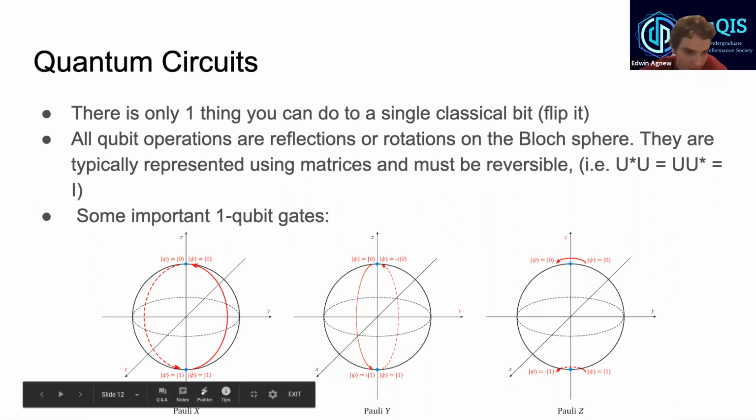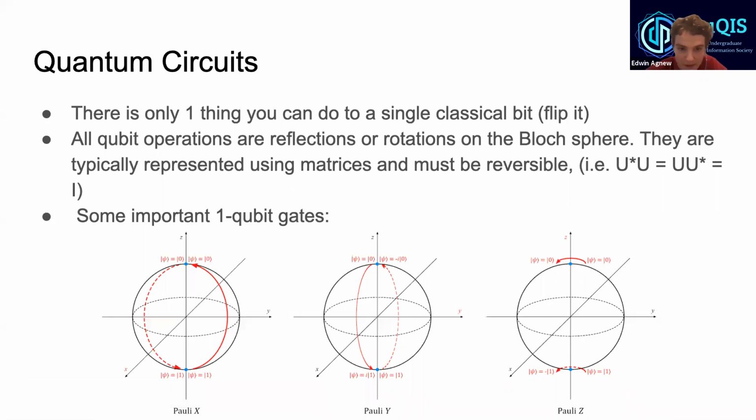And so some of the important 1-qubit gates are shown at the bottom here. We have the Pauli X gate, or just the X gate, which takes the 0 at the top to the 1 at the bottom, and it takes the 1 at the bottom back up to the 0 at the top. And so this is a reflection around the x-axis, hence its name.